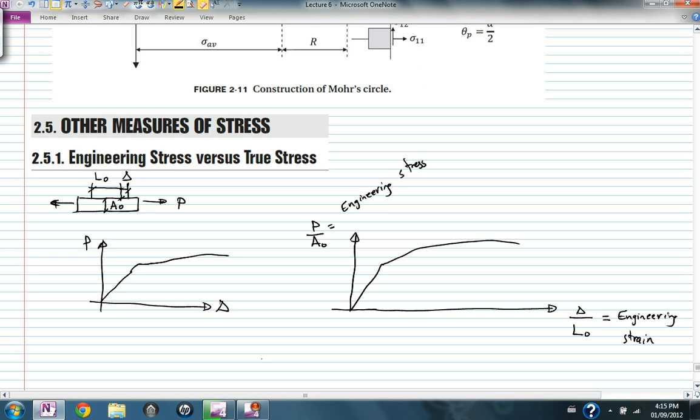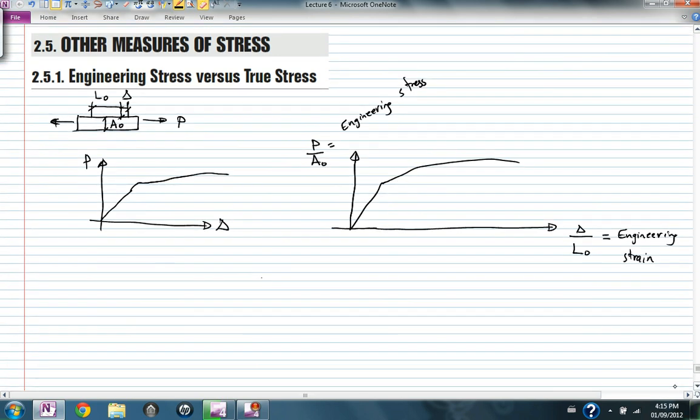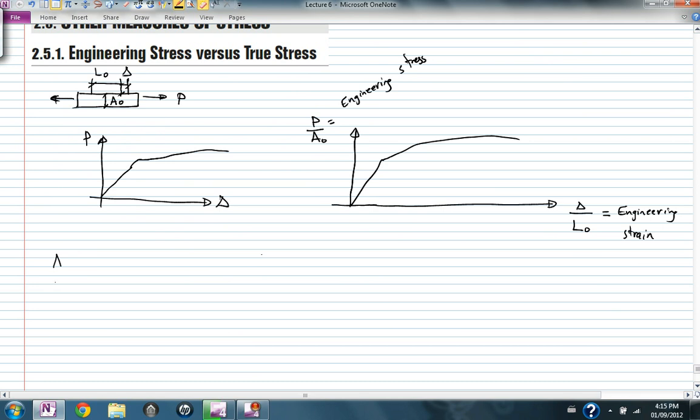But what was found was, as P increases, the area decreases, and the stress is in fact equal to P over A. It's equal to the force divided by the actual area, not A0, and thus they termed this value true stress.